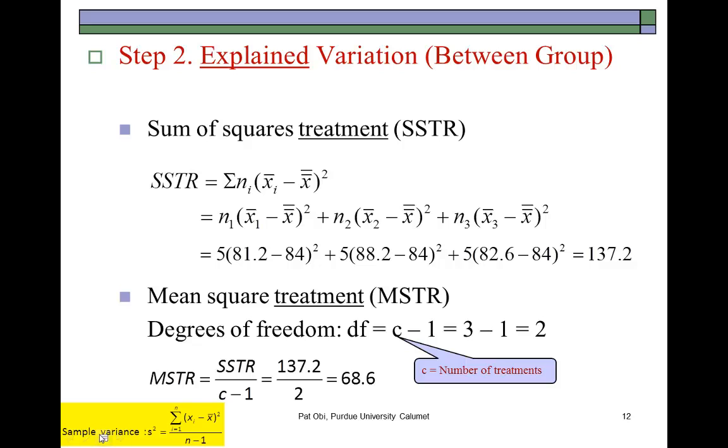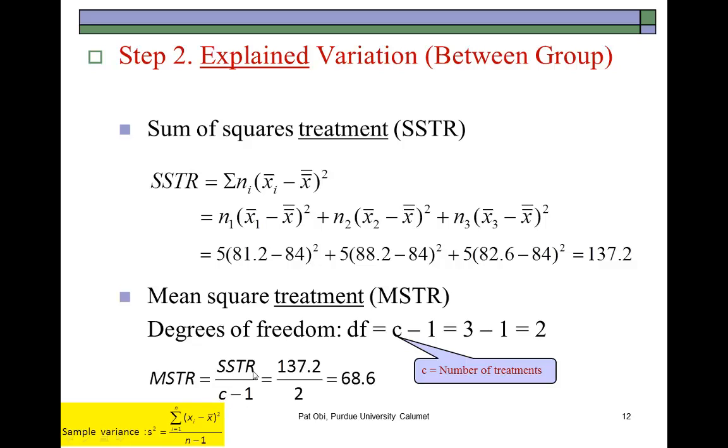As a reminder, this is our definition of sample variance, where we divide the sum of the squared variations by the degrees of freedom when you are provided with sample data. Degrees of freedom with sample data, of course, is sample size minus 1. In this case, sample size is analogous to the number of treatments.